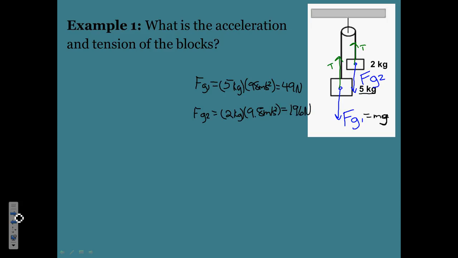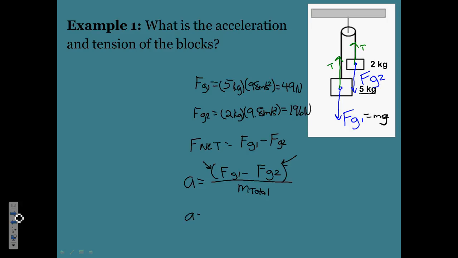I get my F net, remember, by taking my Fg1 minus my Fg2, but I can calculate acceleration and my F net all in one. Make sure when you're putting this in the calculator, that you're using parentheses, open and close, or else you'll get the wrong number. And then I have to get my total mass.